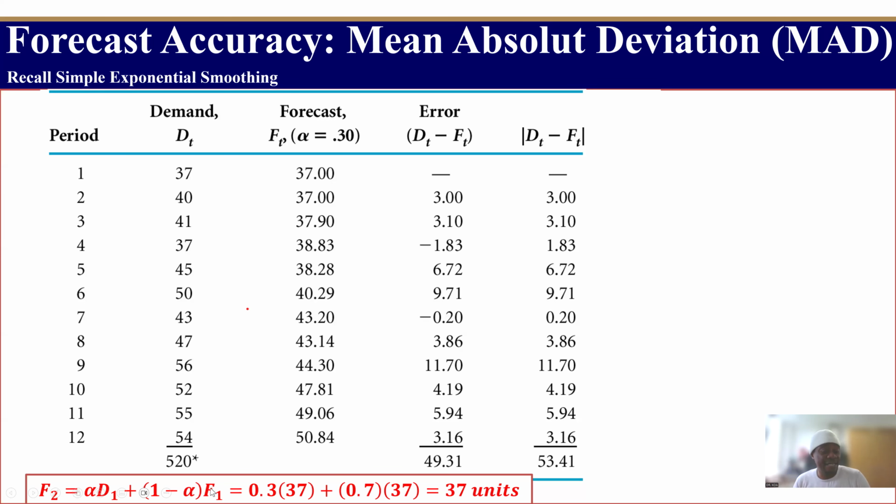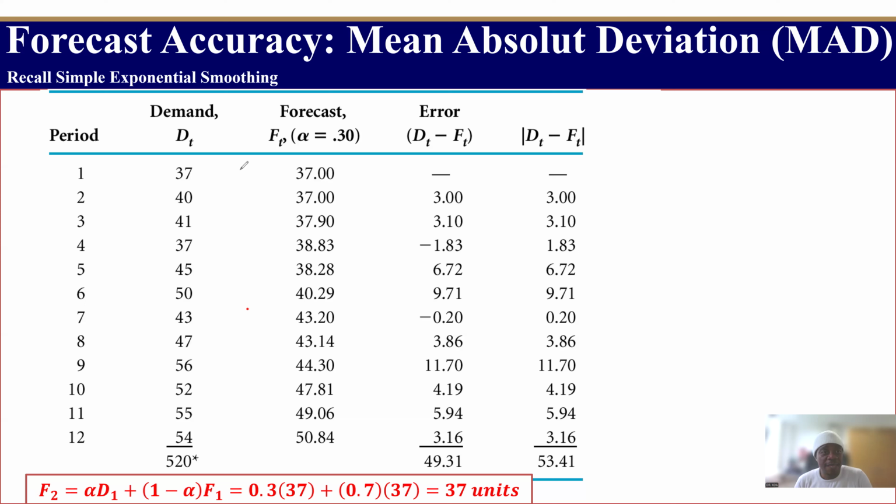So we need the current period demand and the current period forecast. Here the current period demand is 37, and the current period forecast will also be 37. That is what is here.